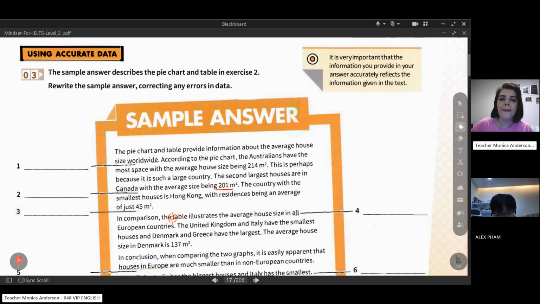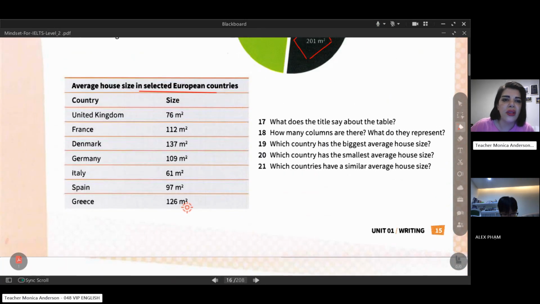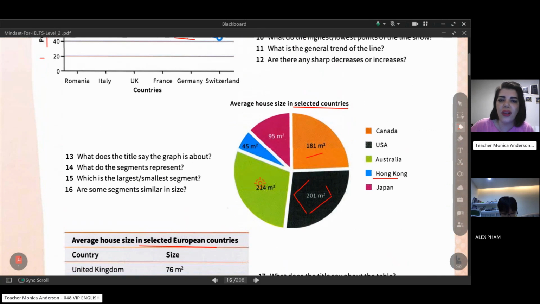Can you say what's the issue here? The size. Yeah, let's see if it's right or not. So the smallest, yeah, it's Hong Kong. 45 square meters, of course.